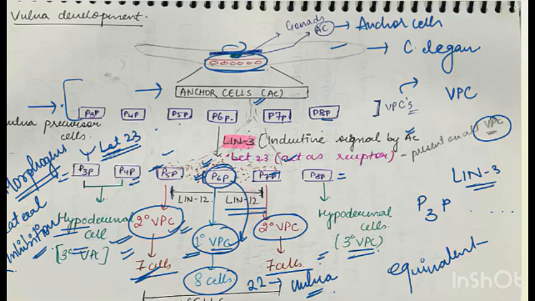Remember, all the vulval precursor cells have equivalence. All of them can get converted into the primary and the secondary one. The differences occur based upon the amount of morphogen acquired by them, right? So remember this.